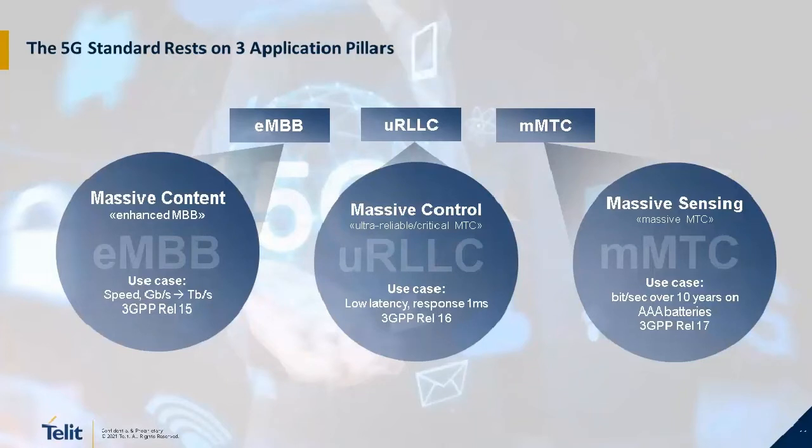Jeff touched on this enhanced mobile broadband, which is the first circle on the left. And so it's eMBB for short. Essentially, what 5G brings to the market is much higher data rates and capacity in the wireless network, and that is by means of opening up new spectrum, using this spectrum more efficiently by using a new radio.